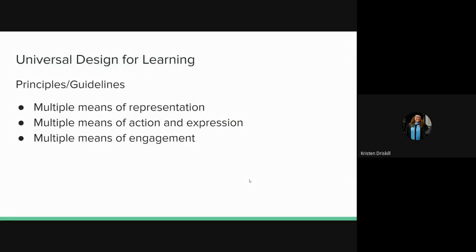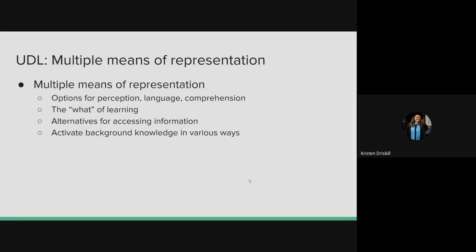We heard in the video about the 3 principles or guidelines of UDL, which is multiple means of representation, action and expression, and engagement. So multiple means of representation, that whole idea that this is the what of the learning, we're going to give options for students to make sense of the information in various ways.